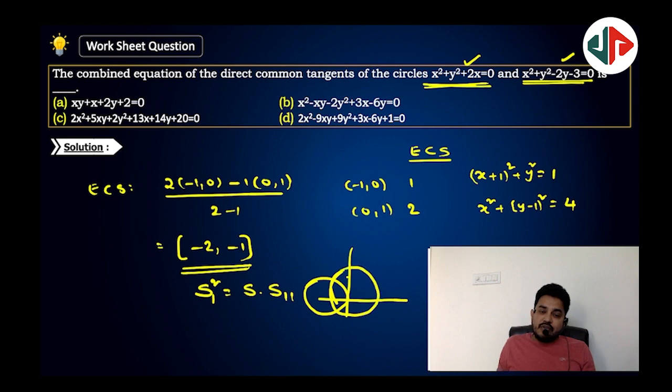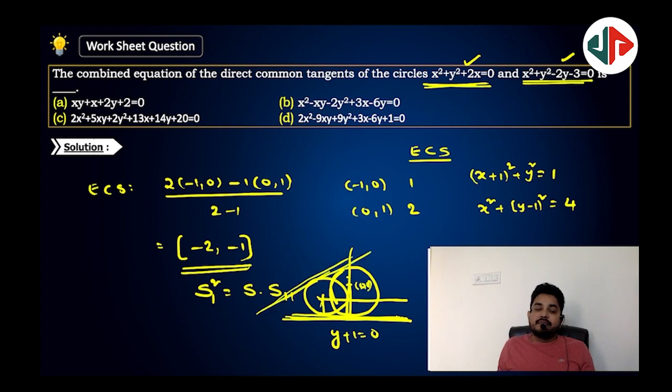Here one of the tangents will come because the center is 1 unit away, so this is y plus 1 is equal to 0. This is a visualization, because the center is (0, 1) with radius 2 units. So y plus 1 is equal to 0 is one of the equations, and you can try to find what the next tangent is. You are going to get this.